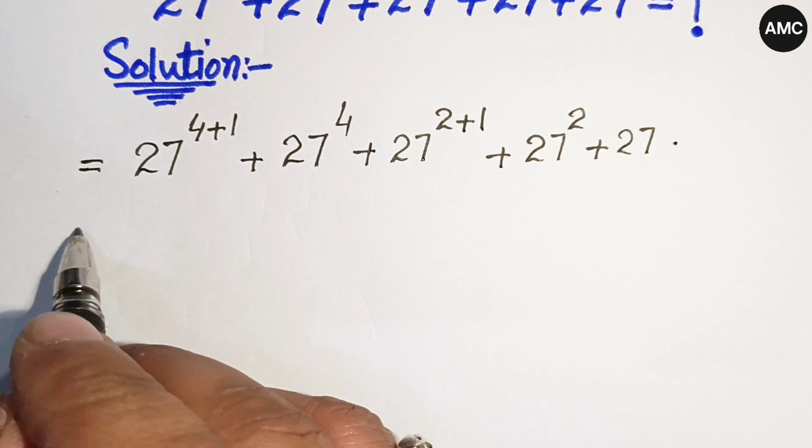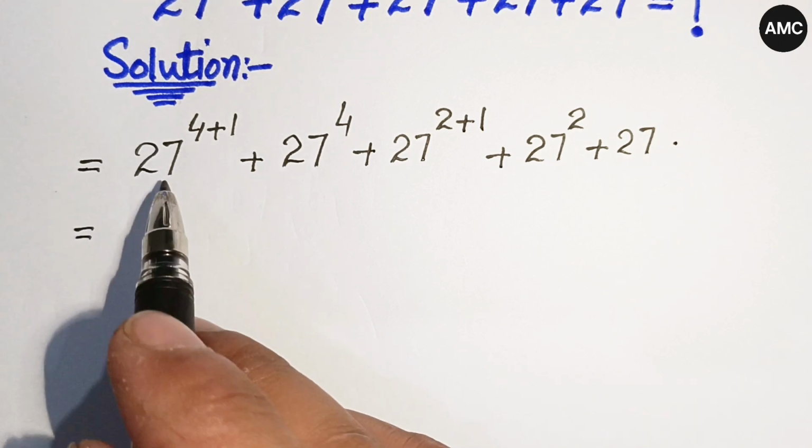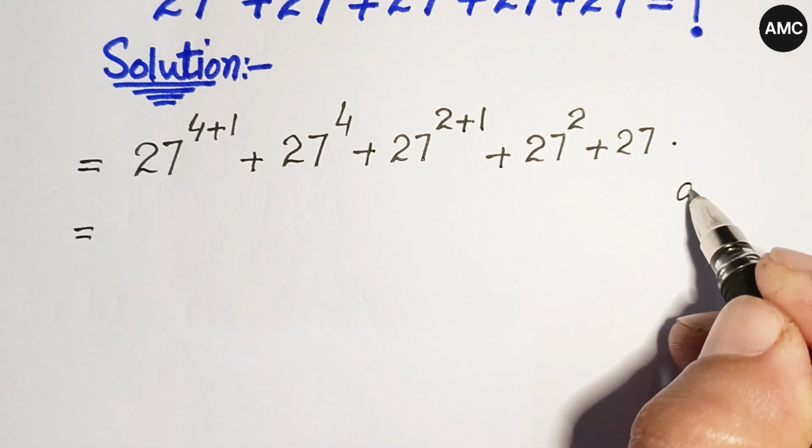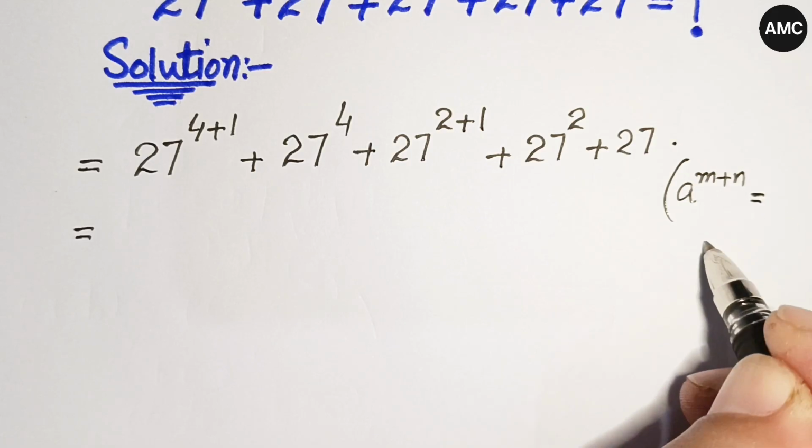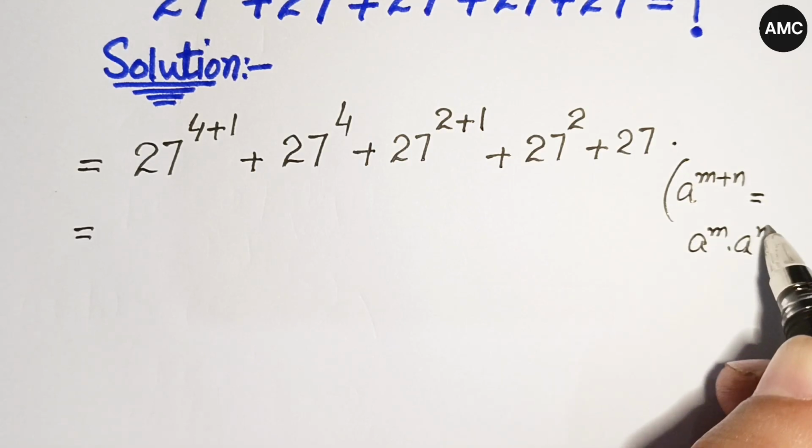Now according to the algebraic identity, we know that a to the power m plus n is equal to a to the power m times a to the power n.